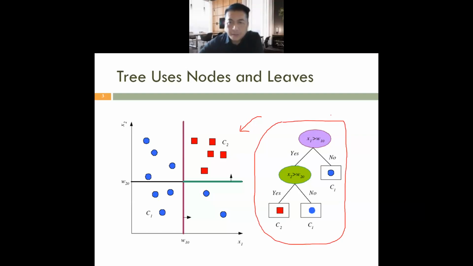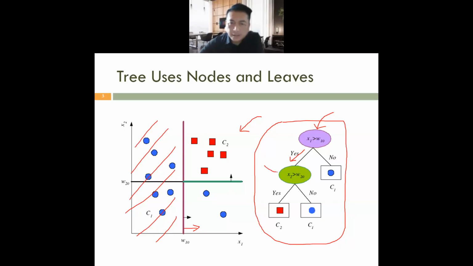So for example, this is the root node, x1 greater than w10. If the answer is yes, that means we go to another node. If the answer is no, that means all of them belong to blue, okay, which is this area.